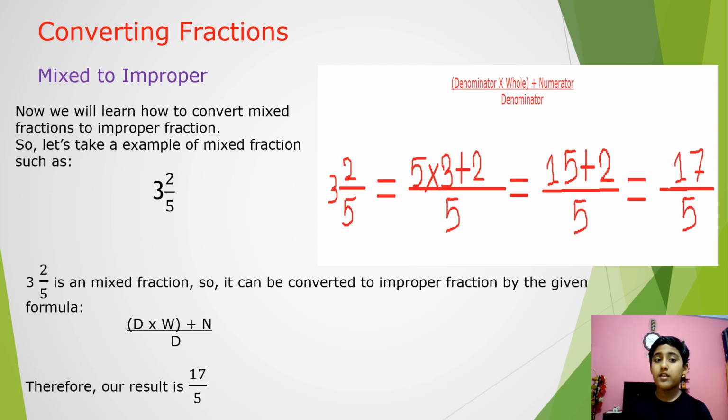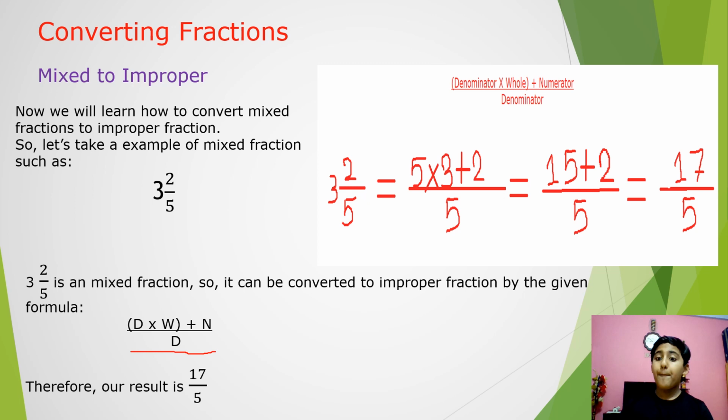Converting fractions, mixed to improper. So we will take another example of a mixed fraction such as 3 and 2 by 5. To find an improper fraction from a mixed fraction, we have to follow the given formula. Okay?